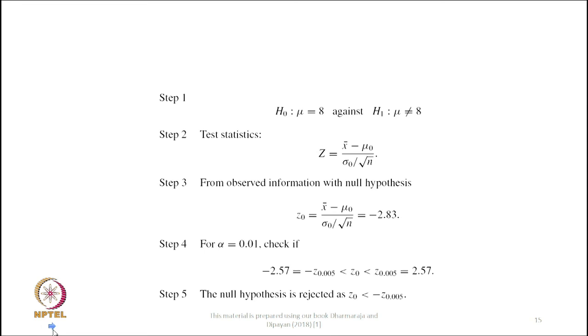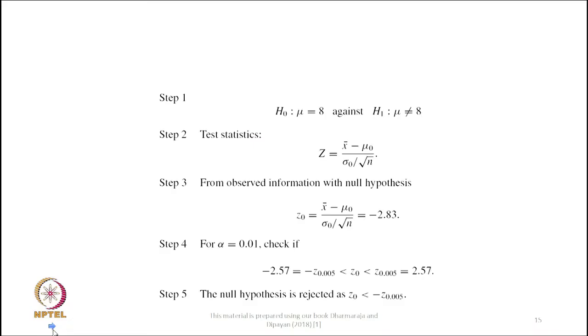If it is symmetric, then it is 2 points and so on. So, step 4 is completely unrelated to step 3. Step 4 involves only the test statistic and the alpha value. Step 3 involves the test statistic from step 2, the observed information and the null hypothesis.